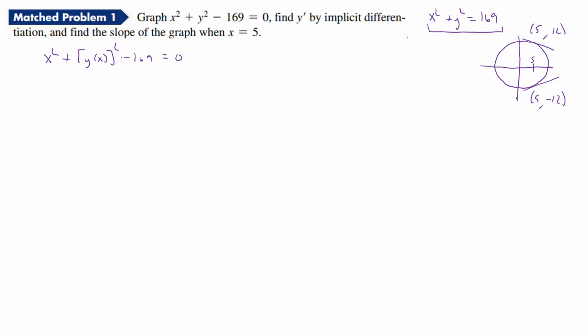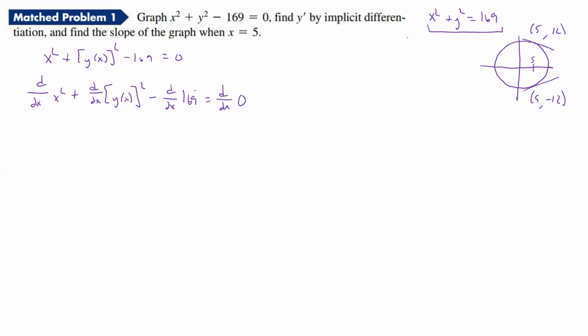And now I'm going to go ahead and put the d dx on all of the things, kind of like they did, except they forgot to put it on the 0, but I'm going to put it there. So that gives us d dx of x squared, plus d dx of y of x squared, minus d dx of 169, and then equals d dx of 0.